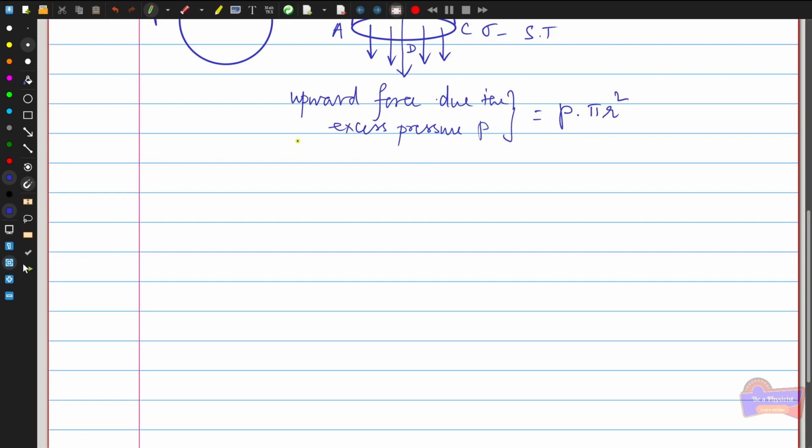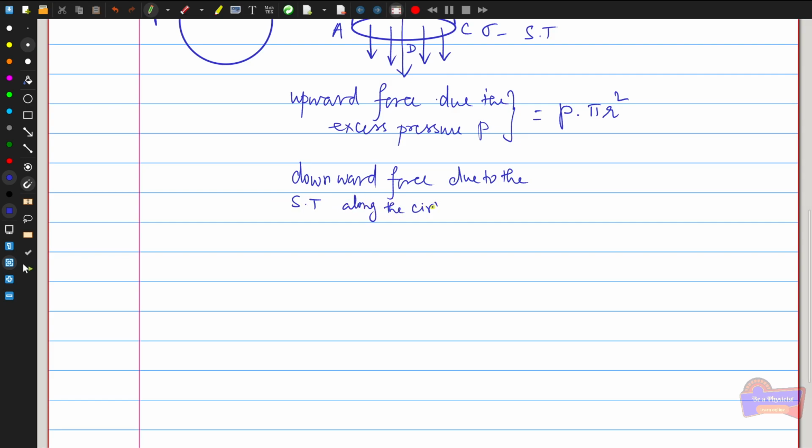Similarly, the downward force due to the surface tension acting along the circumference of this circle ABCD can be written as follows.